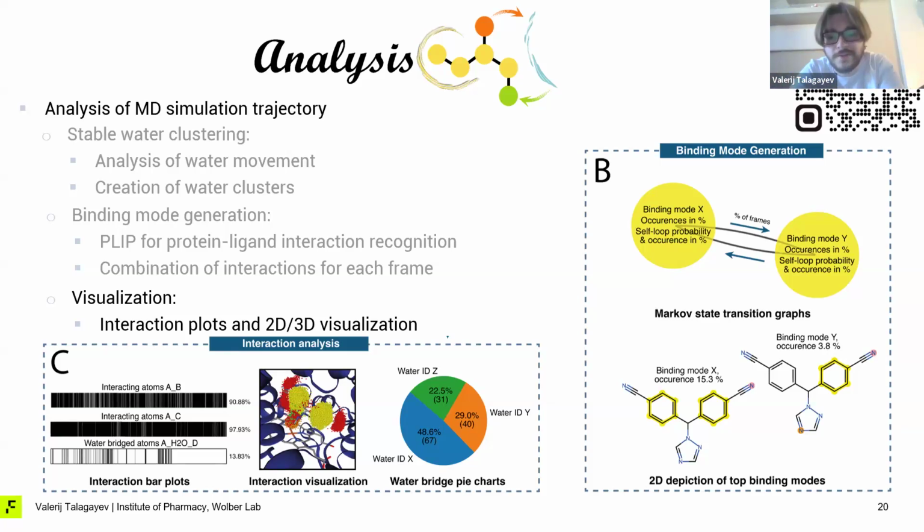Here we see how often the specific water ID, the specific water molecule, participated in the water bridge interaction. For example, here water ID X participates in 50% of the interactions in this specific water bridge interaction, but then it moved away and water ID Y and water ID Z replaced it, with one doing an interaction in 29% of the frames and the other one in 22.5%.